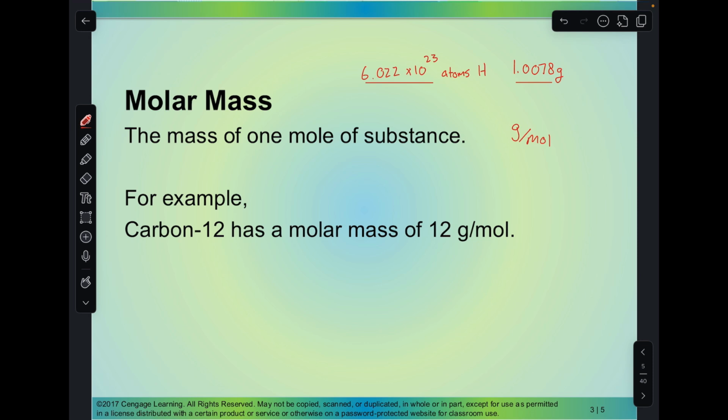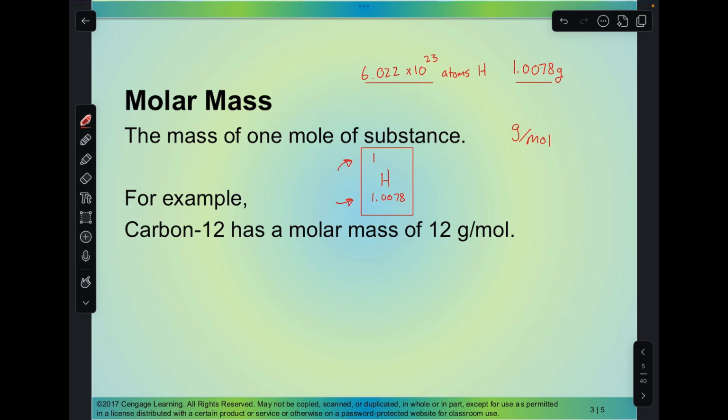If we have hydrogen, it's going to have a 1 in the corner, and it's going to say 1.0078 in the other corner, and we'll put a box around it. This is what it would look like on the periodic table. You would have the symbol, the atomic number, and then the molar mass.